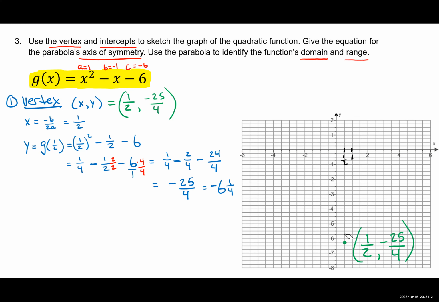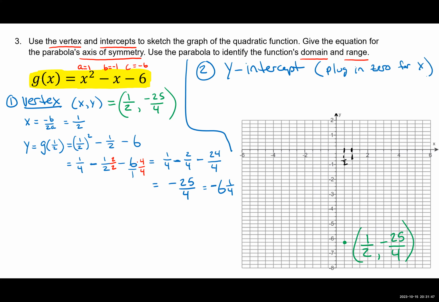Next in the problem, it says use the vertex and the intercepts. So I'll start with the y-intercept, because that's always the easy one. To find the y-intercept, plug in 0 for x. This is not just for quadratics.